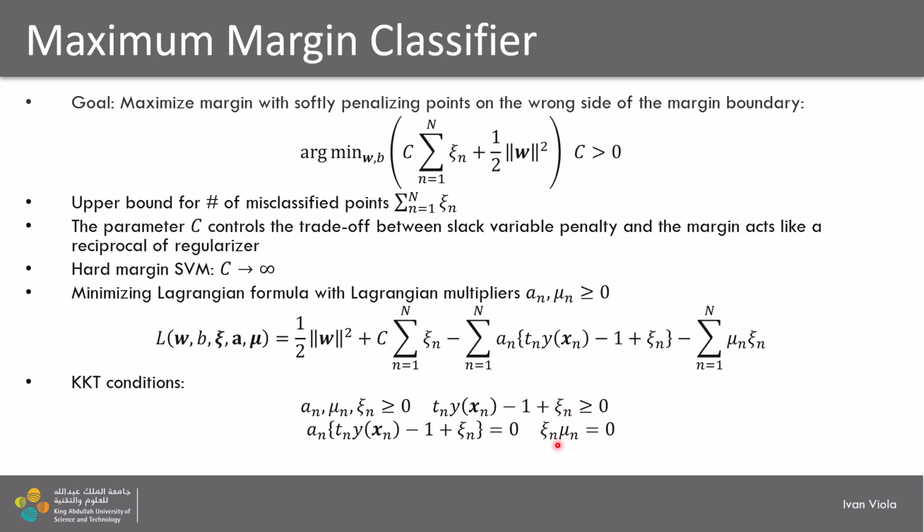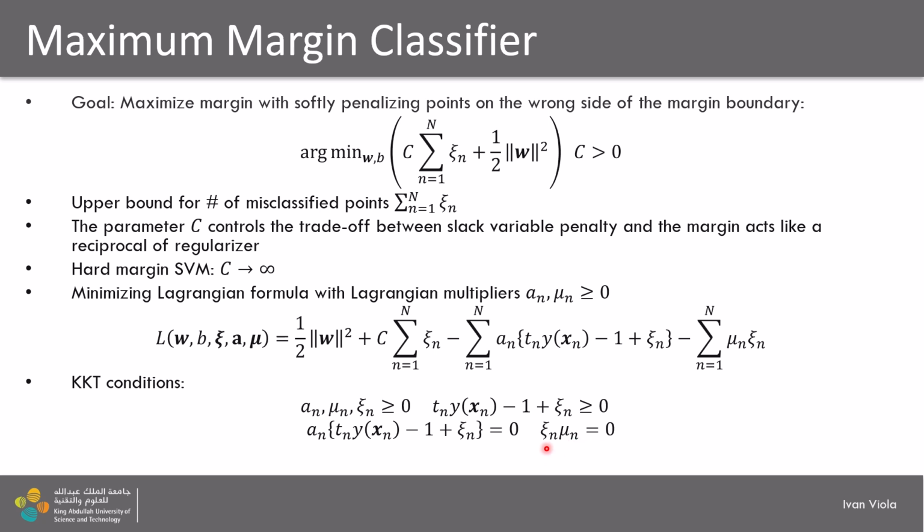And finally, that is our g(x) in these KKT conditions, and then we have the constraint that either an is 0 or this value is 0 for non-zero an, so that this term is always equal to 0, and also that the product of psi n and mu n is equal to 0.